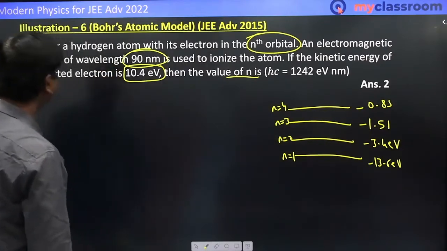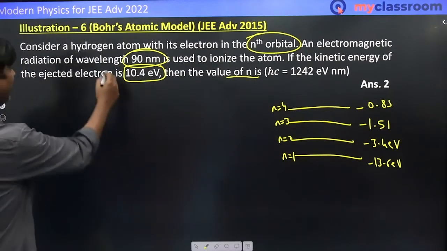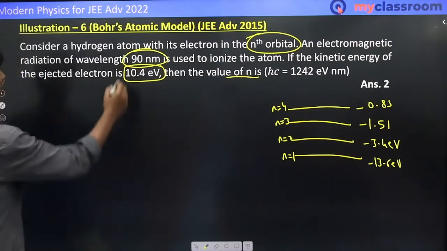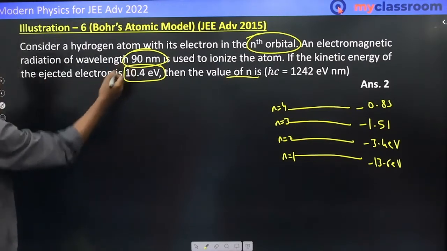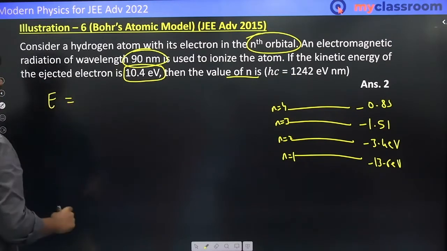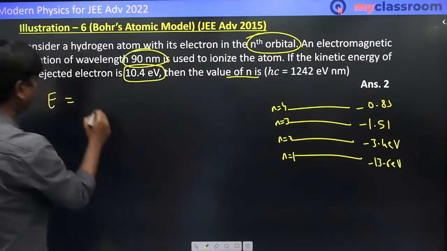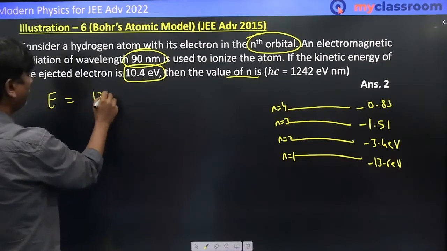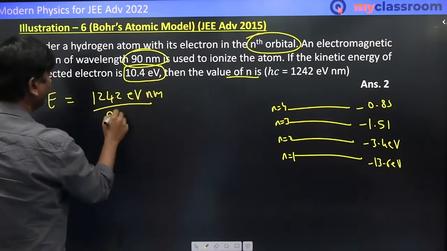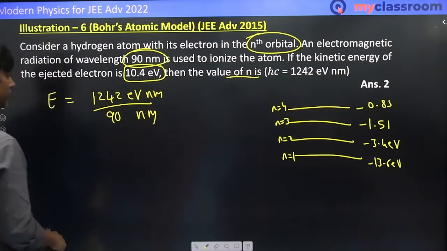Next, first we'll calculate how much energy the radiation of 90 nanometers contains. What is the energy of the photon of 90 nanometers wavelength? Energy will be equal to 1242 electron volt nanometer by 90 nanometer, right?